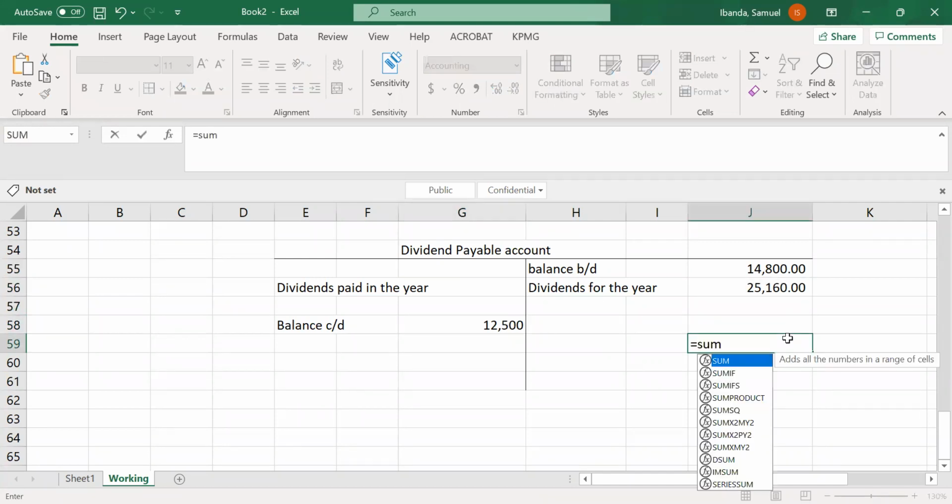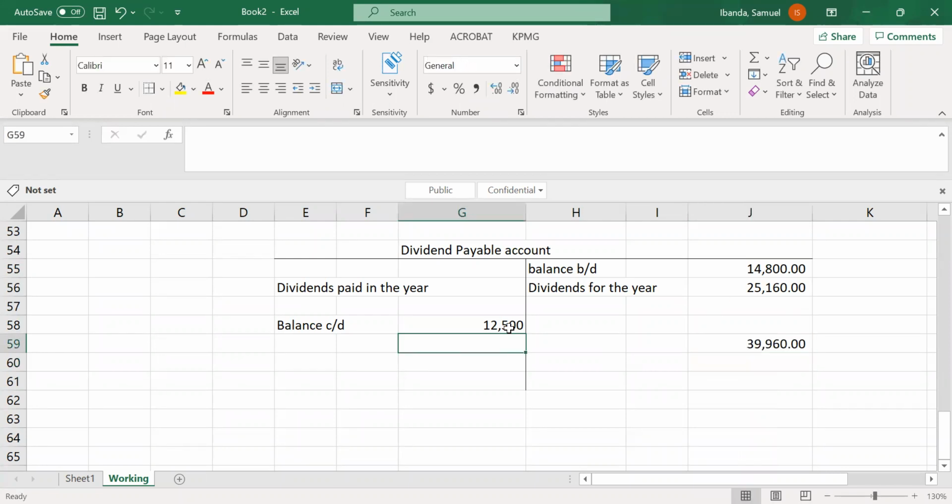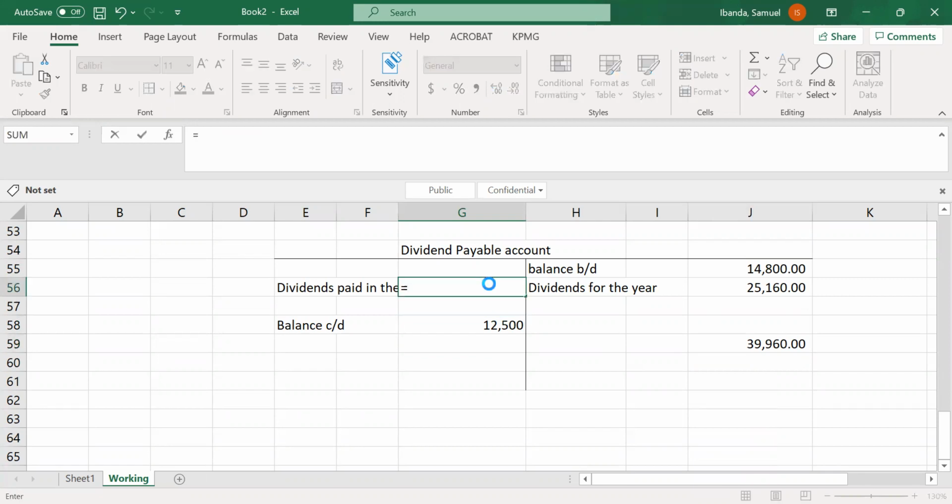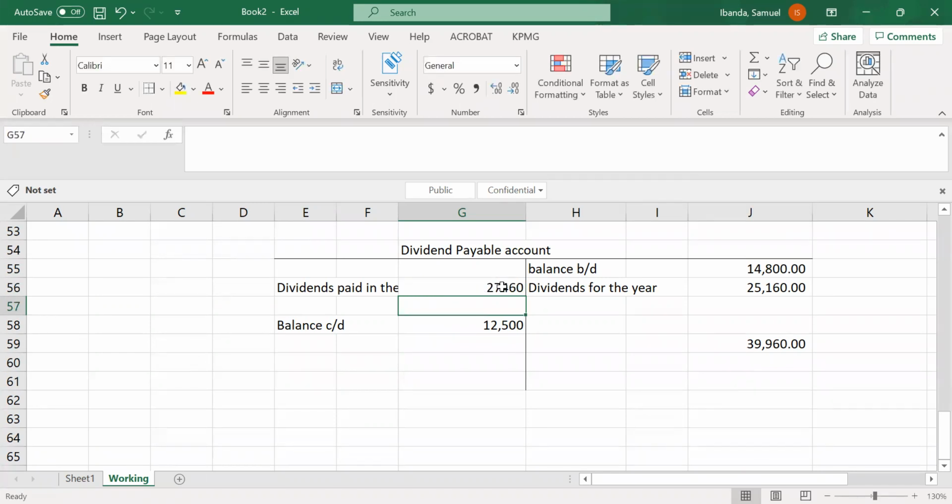So this is 39,960, and then I have 12,500. So this is 39,960 minus 12,500. So it gets me 27,460. When I add this side, it should be able to add up.